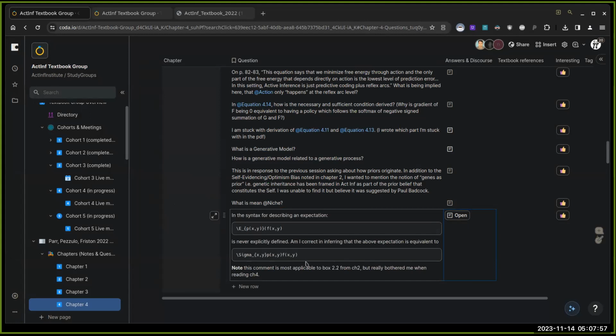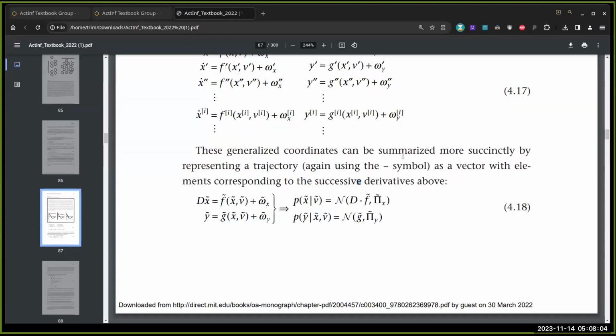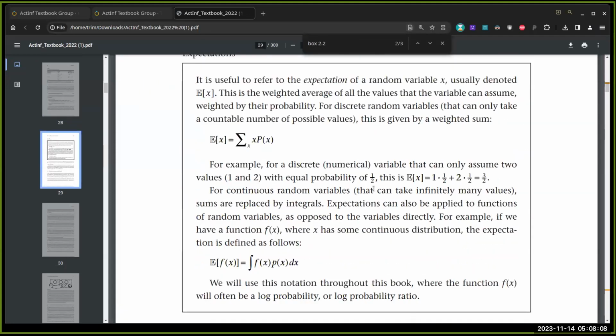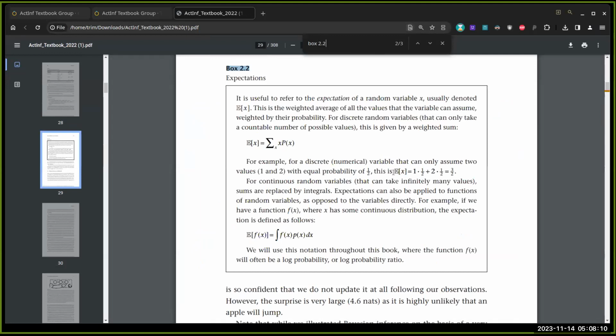So I can talk through this question. There's the expectation and then the subscript and then the square bracket with the function inside.